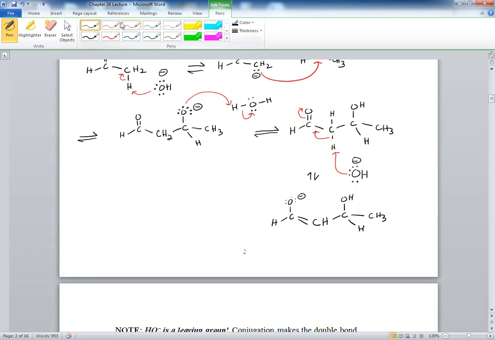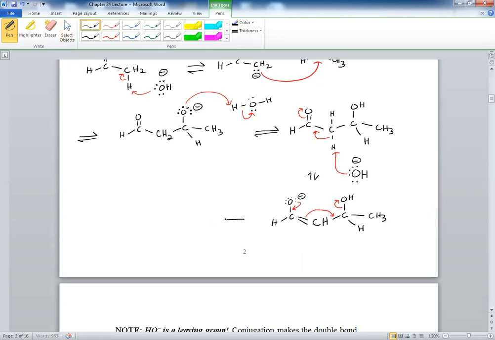And now, lastly, what's going to happen is that these electrons on the oxygen are going to shift down, the double bond electrons are going to move one bond over and kick the OH out.